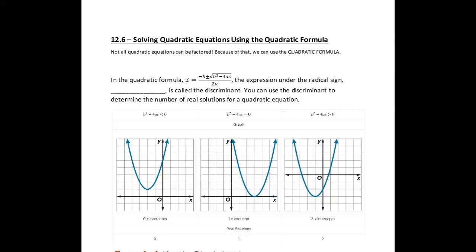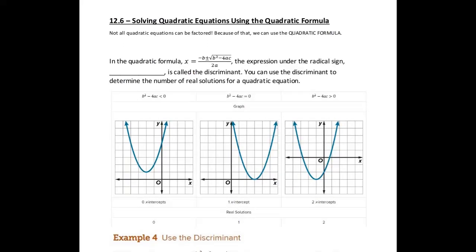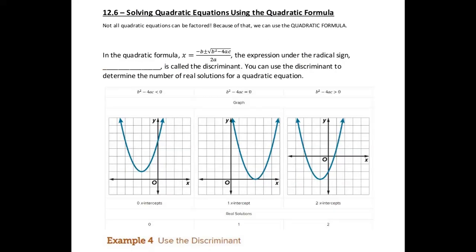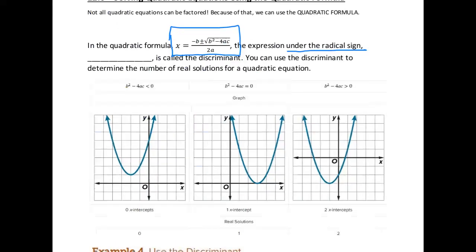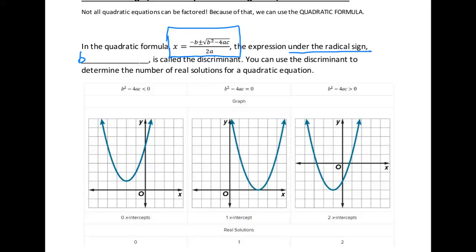Solving quadratic equations using the quadratic formula. All right. Not all quadratic equations can be factored. We know that. We can use the quadratic formula. This whole thing right here is the quadratic formula, but that's not what we're doing today. In the quadratic formula, the expression under the radical sign is b squared minus 4ac.